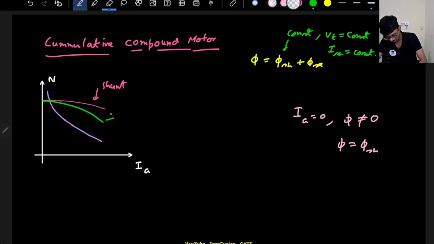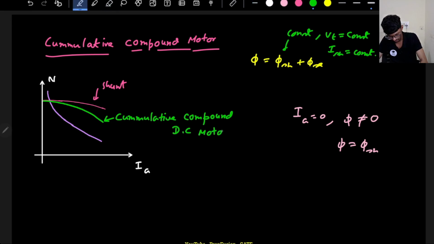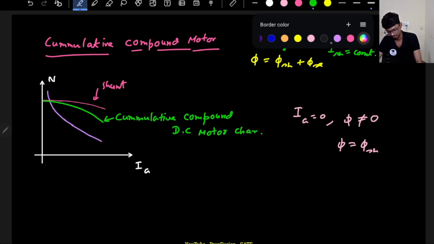So this will be the cumulatively compound DC motor characteristics. Okay, and this is the series one.